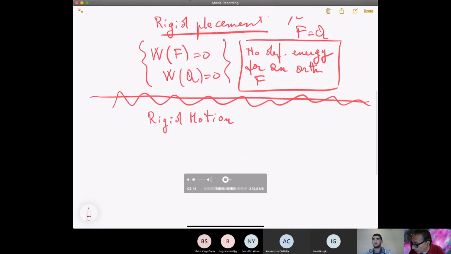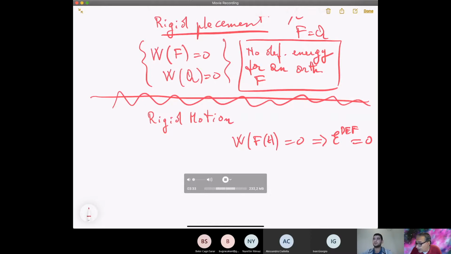And all along the rigid motion, W of F of t is equal to 0. So the deformation energy is constantly equal to 0.